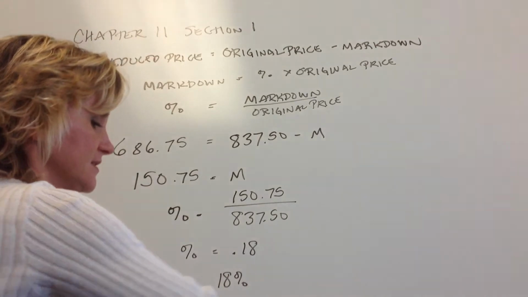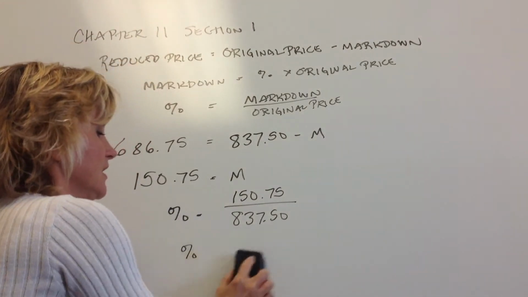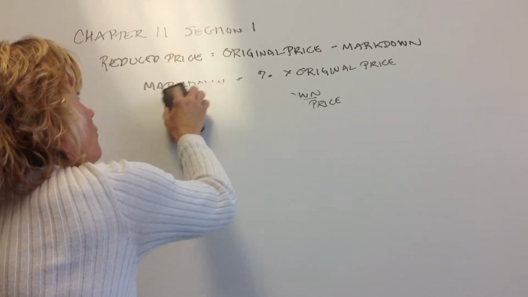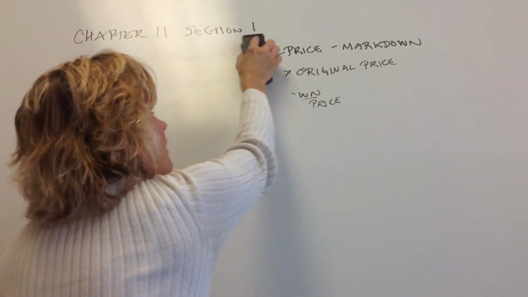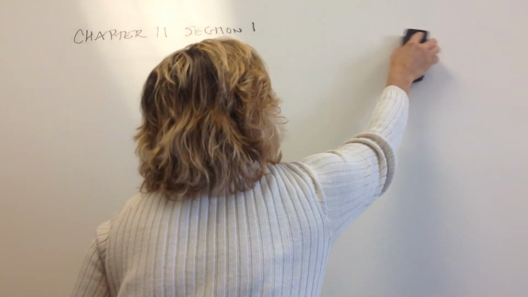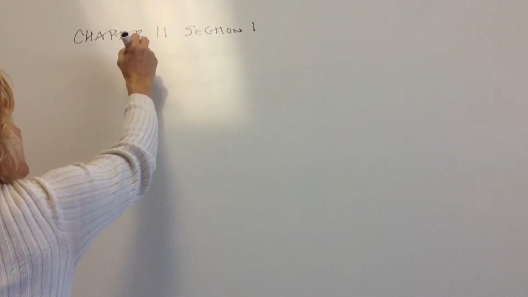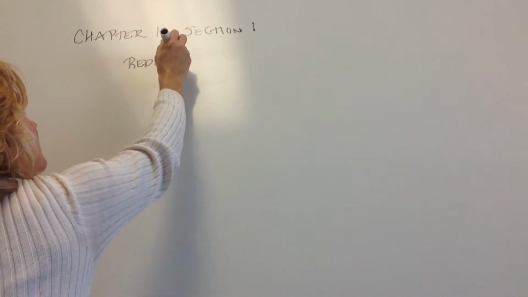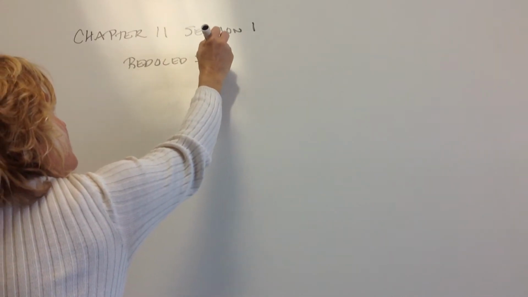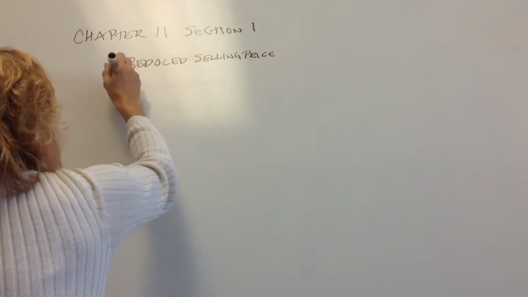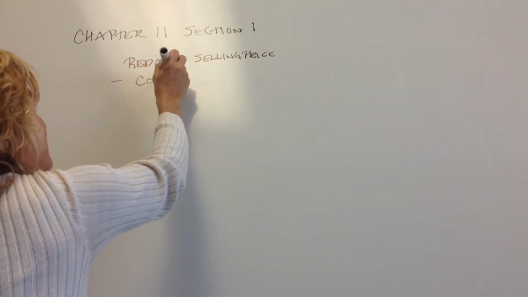Okay, then the second part of this section deals with calculating whether we're having an operating loss or an absolute loss. So how we work that is we take our reduced selling price and then we subtract out our cost.